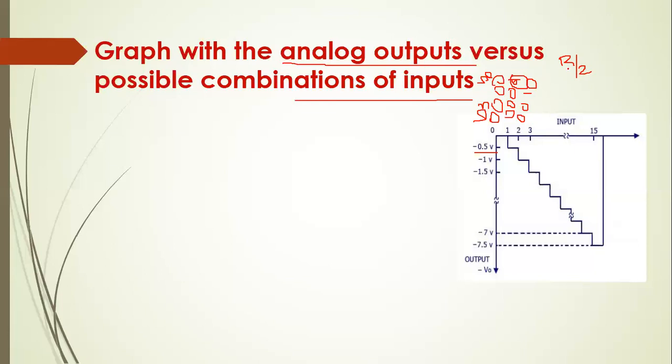Only this resistor will be connected to the reference voltage VR. The resistance value here is 10 by 2, that is nothing but 5 kilo ohms. And the reference voltage you have is 5 volts.